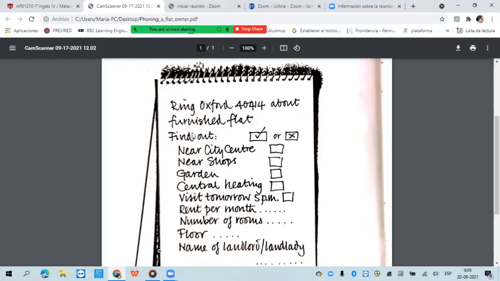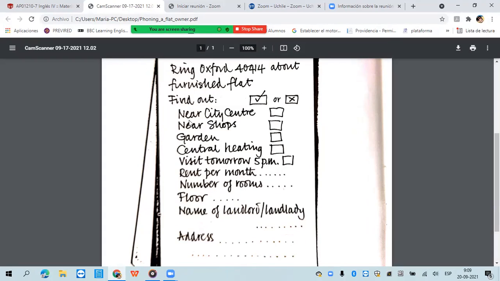Okay? So here you're going to listen to somebody who wants to rent a furnished flat. And the person needs to check some information. Near city center, yes or no. Near shops, garden, central heating.